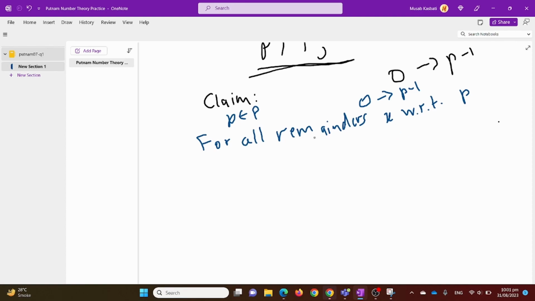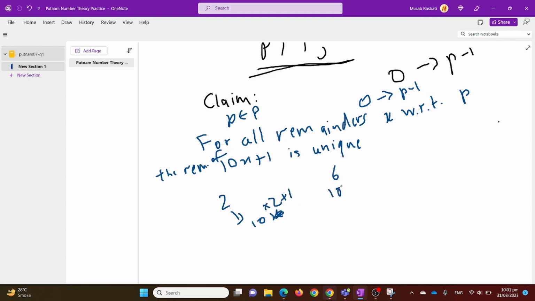For all remainders x with respect to p, the remainder of 10x plus 1 is unique, which basically means that if I had a remainder of 2, and if I had a remainder of like 6, then if I do 10 times 2 plus 1 and take the remainder of that, versus if I take the remainder of 10 times 6 plus 1, both of these will give me different answers.